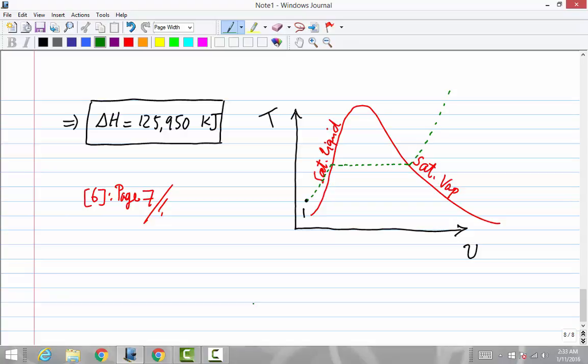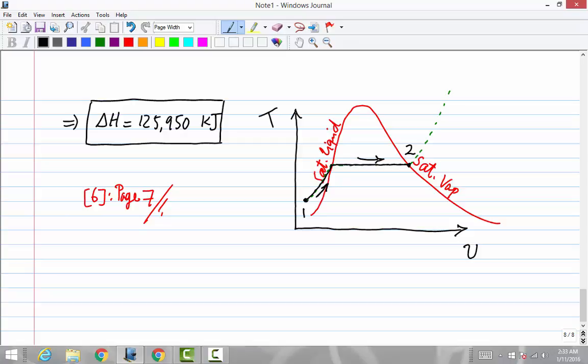Since the whole process is a constant pressure process, we're going to travel exactly on this green curve. So from point 1, we end up at saturated vapor, which is the junction of the green curve and red curve. So all I need to do is connect these two points, and this is the process direction.